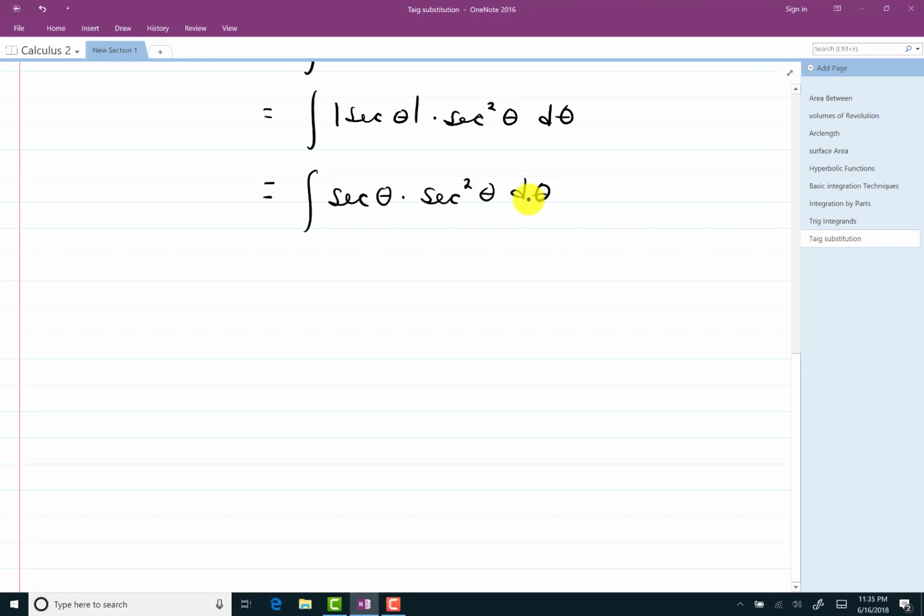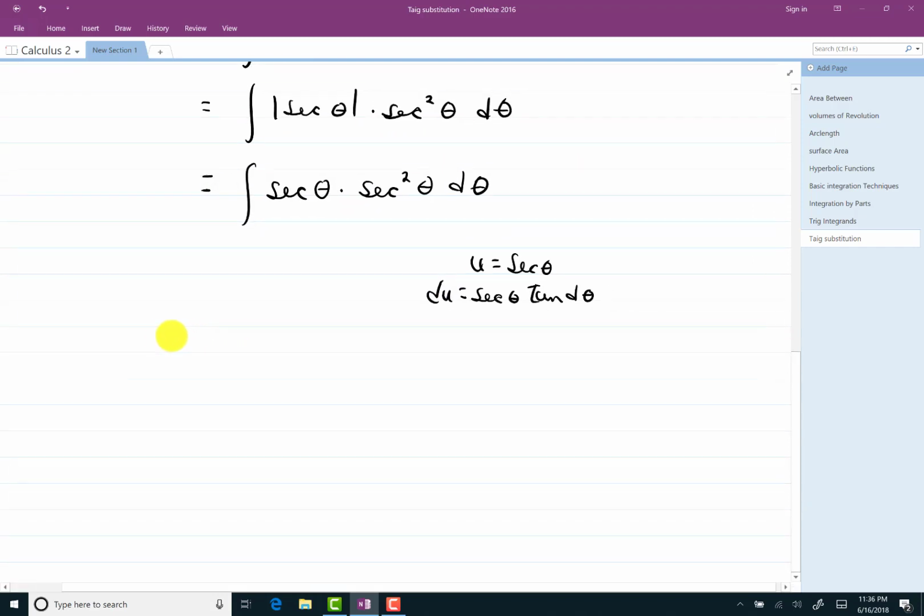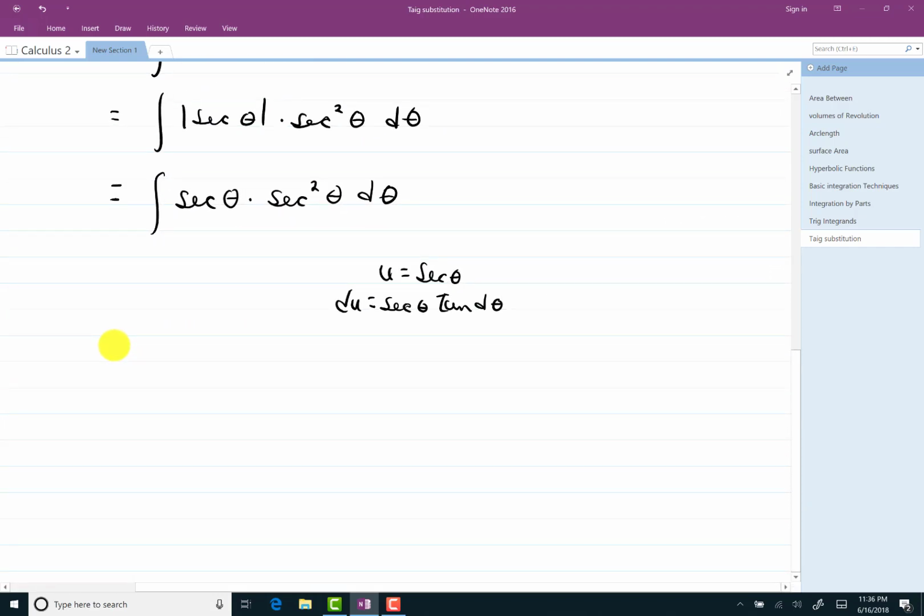I'm going to leave it in this form because now I'm going to do integration by parts with u equal to secant theta, and then du equals secant theta tangent theta d theta. The purpose for choosing u to be secant theta is because this piece right here, dv, would be very nice because its antiderivative is simply equal to tangent. So my dv equals secant squared theta d theta.